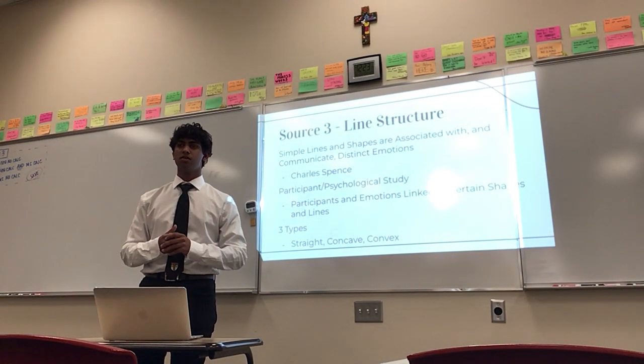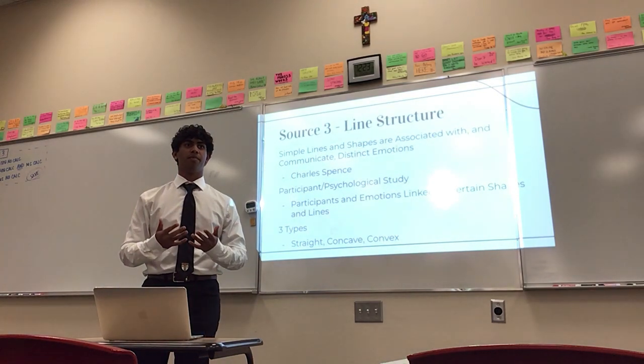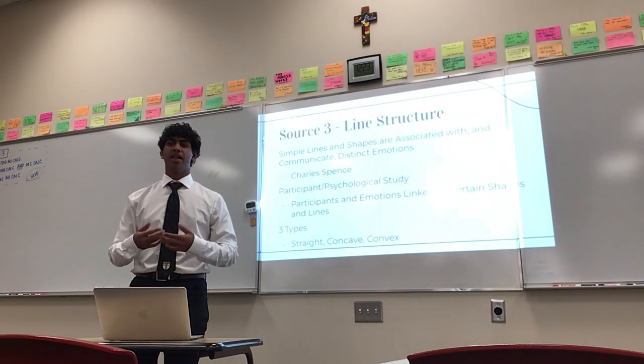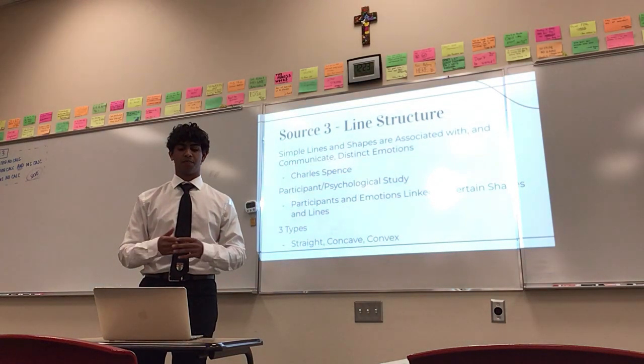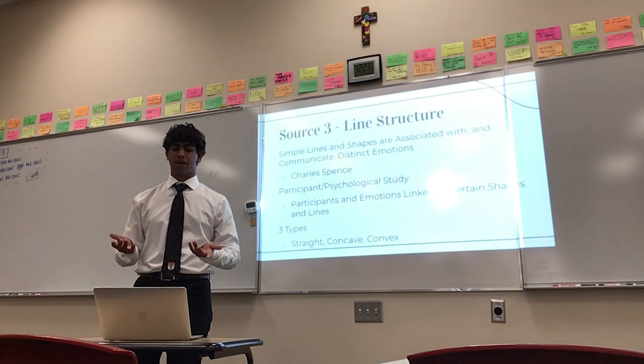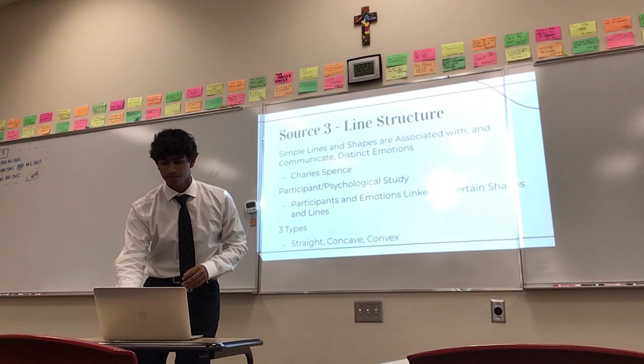So straight ones varied inside of meaning. However, the primary meaning that came about was directionality and senses of anger, whereas concavity was associated mainly with depression and sadness, and convex with joy and happiness.